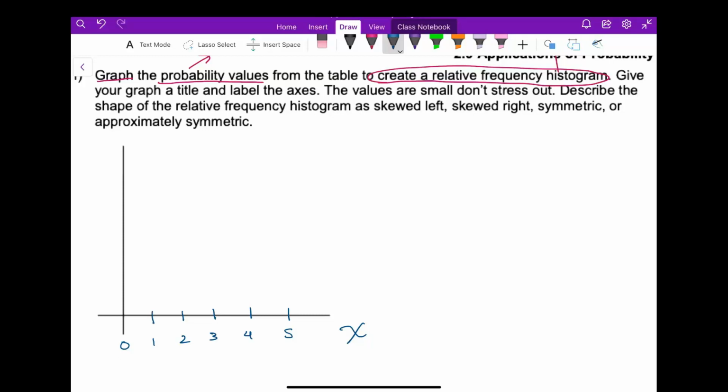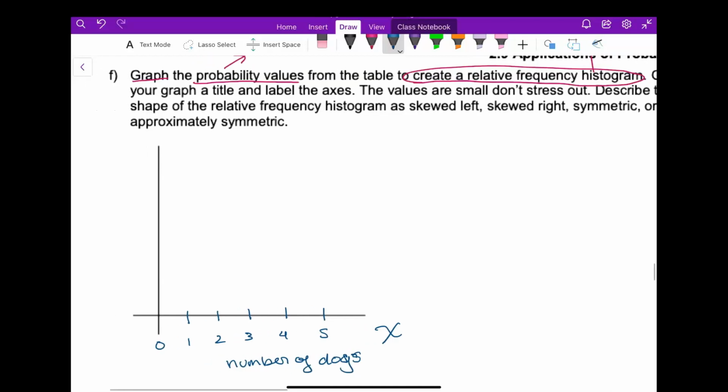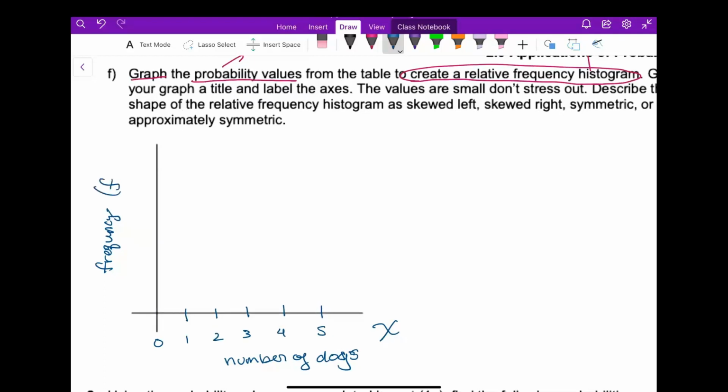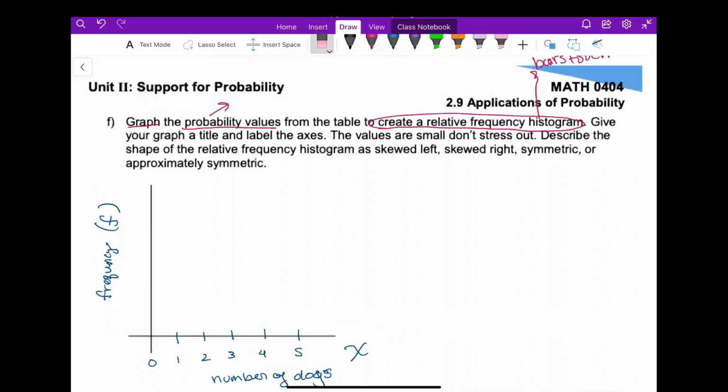X is the number of dogs. On this side, we're creating a frequency histogram, so on this side goes the frequency. So this is our y-axis, and I'm going to just put F for frequency.